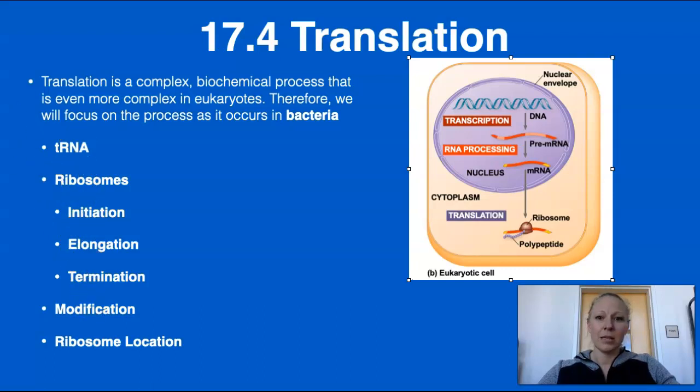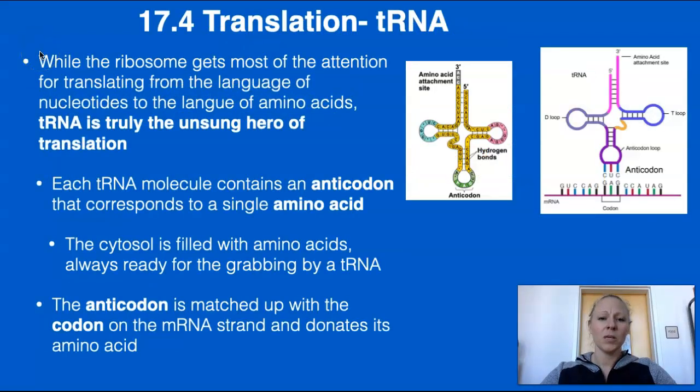And let's get started. So we're going to start talking about tRNA. tRNA tends to be the unsung hero of translation. It does a lot of work, and it has this cool nucleotide sequence, which makes it really interesting. It contains an anticodon right down here at the bottom, and it's also going to contain an amino acid on and off.